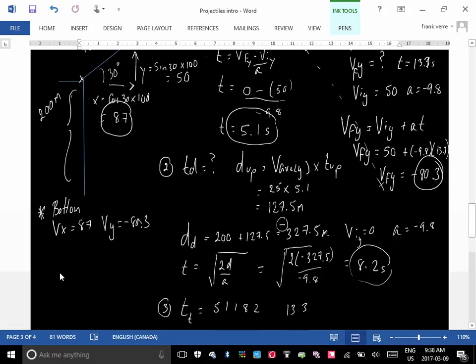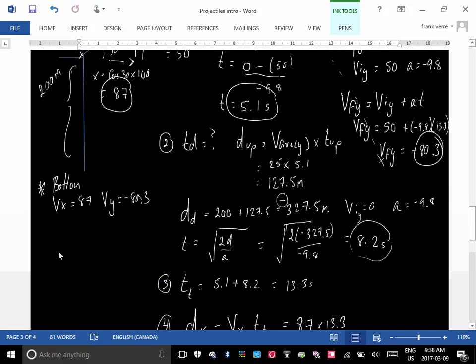If I had to draw this as a vector, it would look like this: 87 this way, and 80.3 this way. So how would you figure out the speed?